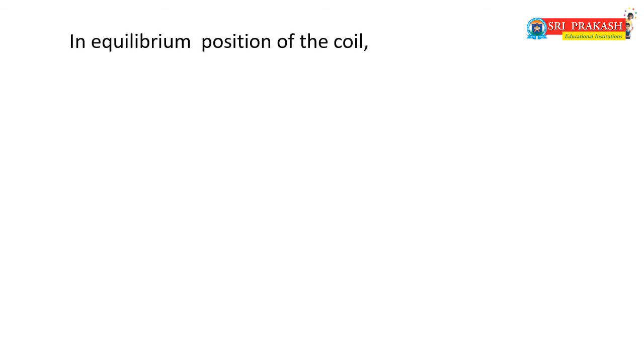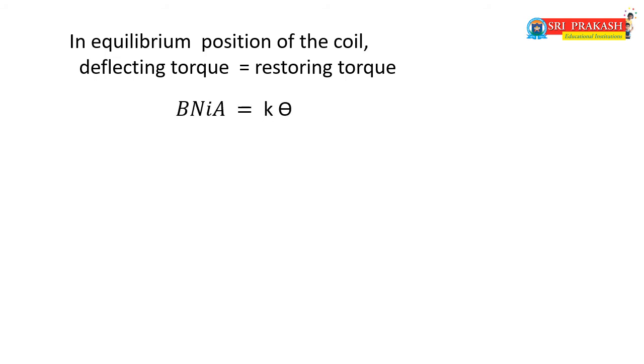Now at a particular equilibrium position, the needle is showing a particular reading. At that time, the deflecting torque and restoring torque are the same, so we can equate both. The deflecting torque is B into NIA and the restoring torque equals K into theta.